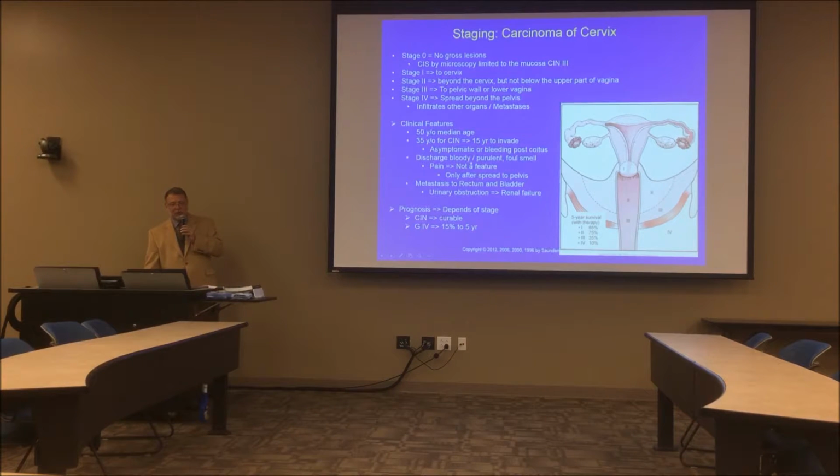The discharge is typically going to be blood, or could be some sort of purulent, even have foul smell, but this has to be related with some sort of bacteria also included here. So prognosis, if it's a CIN in any stage, typically you're going to have a cure, but if it's already a stage 4, less than 15% for 5 years.